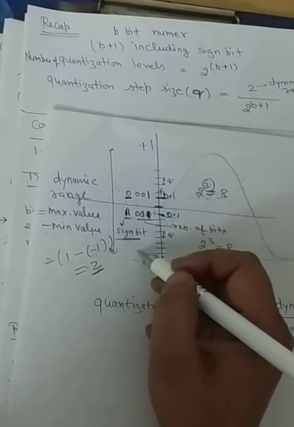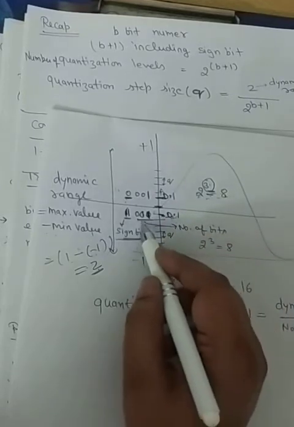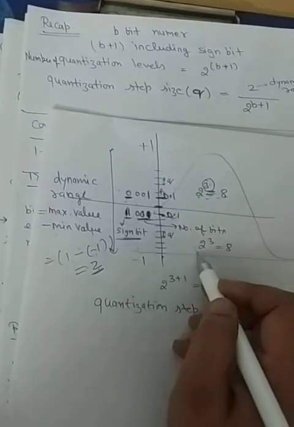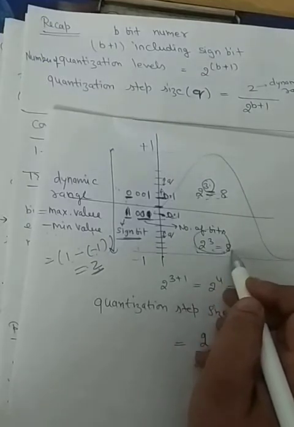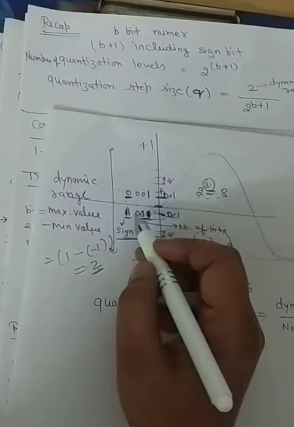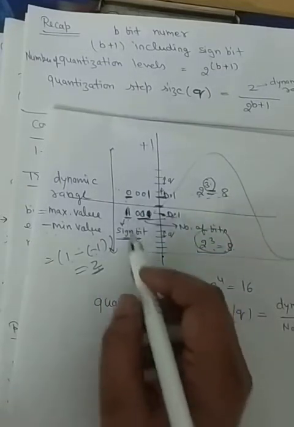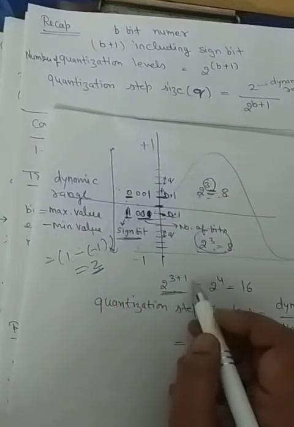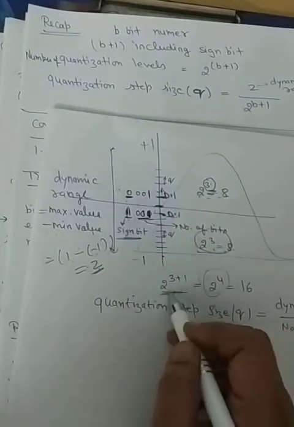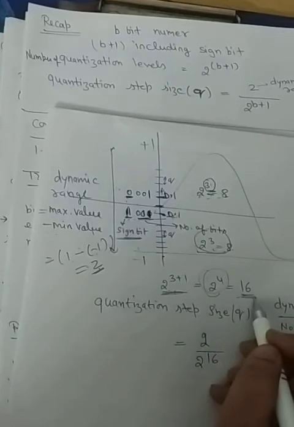Similarly, in the case of negative numbers, if we consider these 3 bits, there will again be 2 raised to power 3 equal to 8 different unique combinations, and with the involvement of the sign bit, we will get a total number of unique combinations equal to 16.